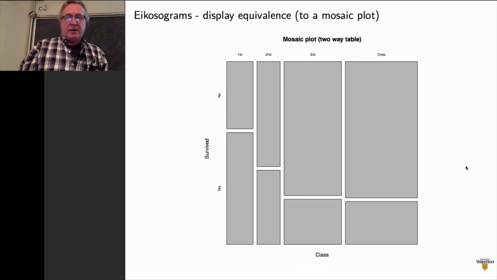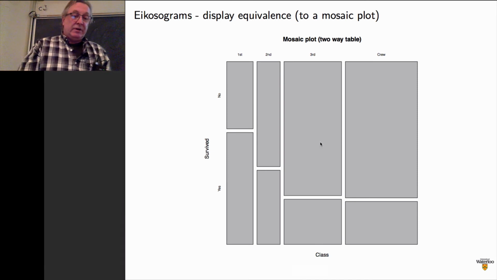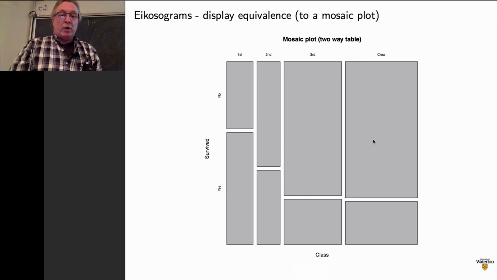And here's a Mosaic Plot. That looks just like an Eikosogram. Many people confuse these as being the same thing. They're not. A Mosaic Plot agrees only with an Eikosogram when there are only two variates. Except there's a separation here, adding some white space between the bars, which weren't in the plots we displayed.